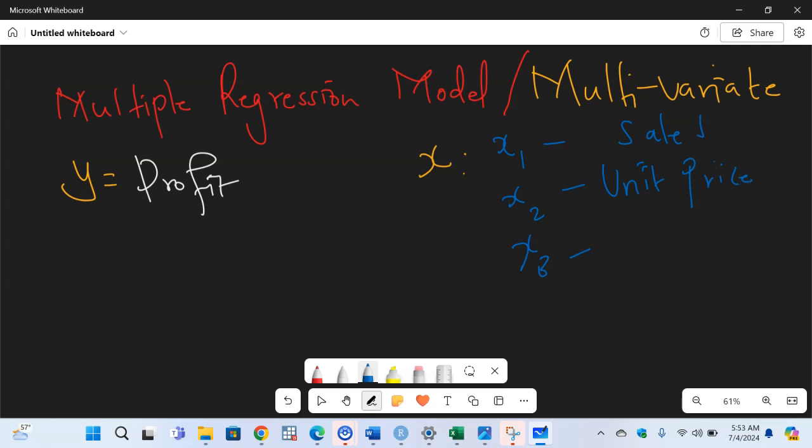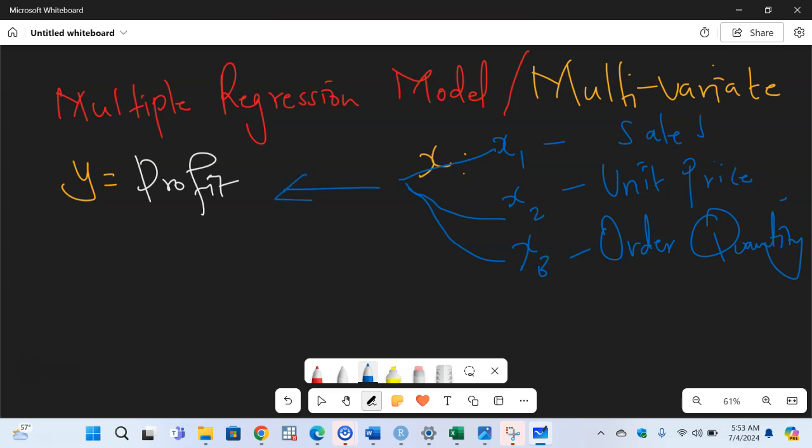Then x3 is order quantity. So we want to know if these 3 factors coexist together in a model. All these 3 factors, how do they affect profit?